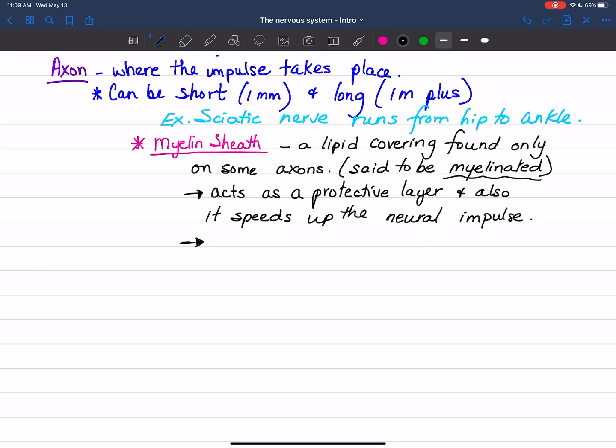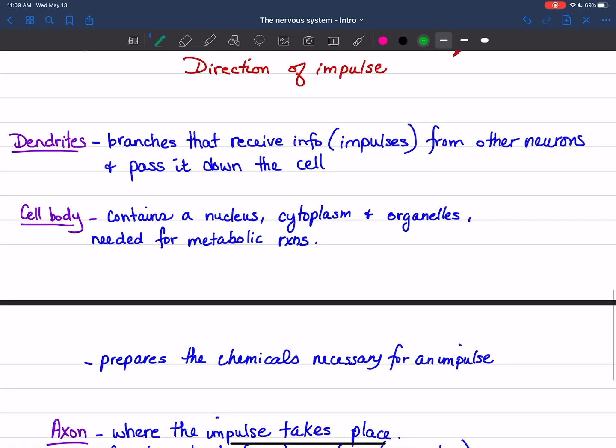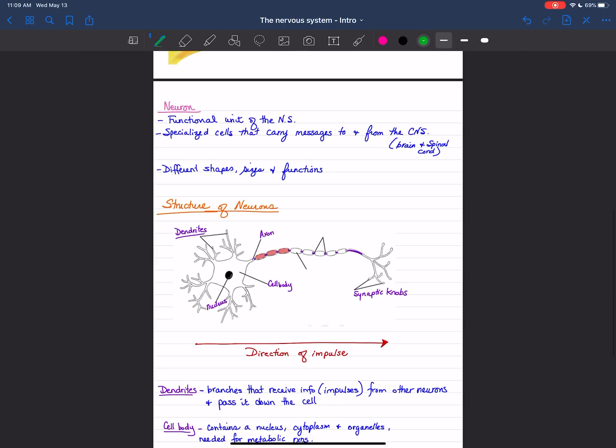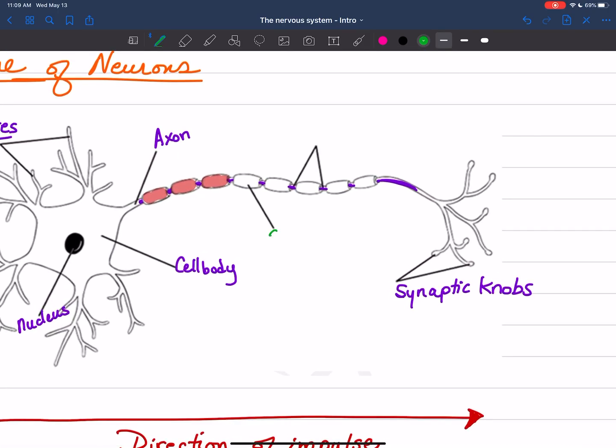each of those little sausage links is called a Schwann cell. So each link is known as a Schwann cell. Okay, and that's the name of the scientist that discovered it. So we can say each one of those is a Schwann cell.